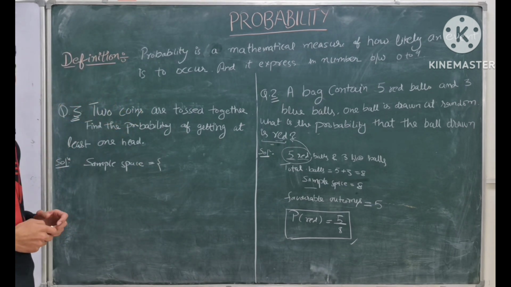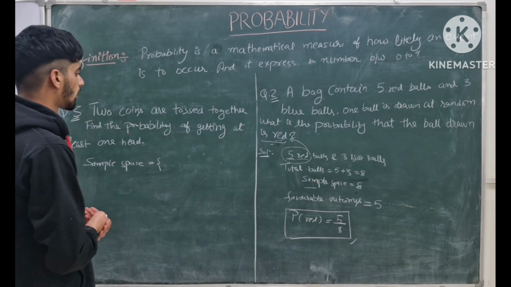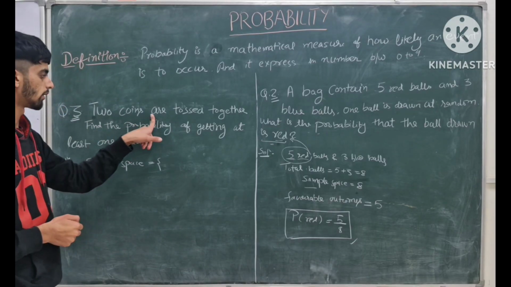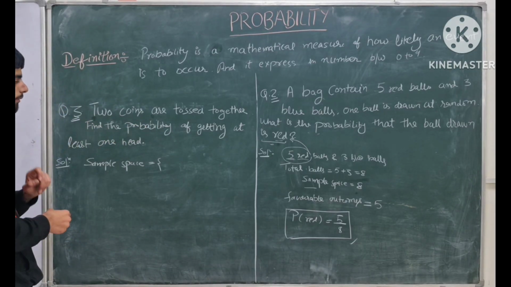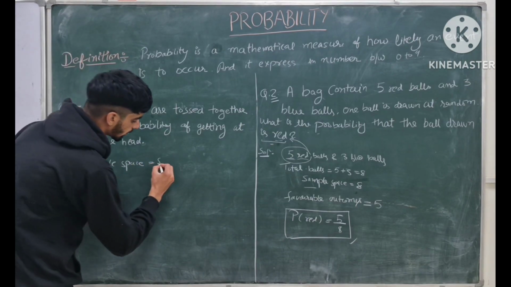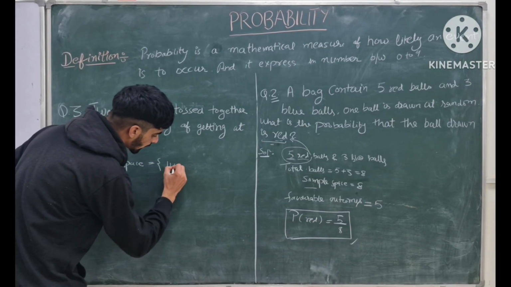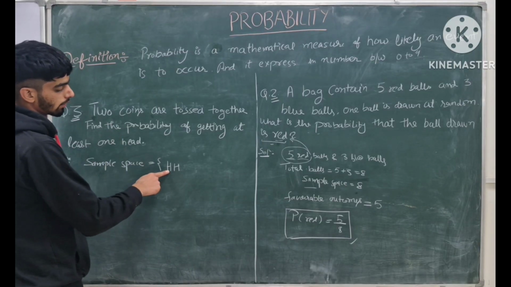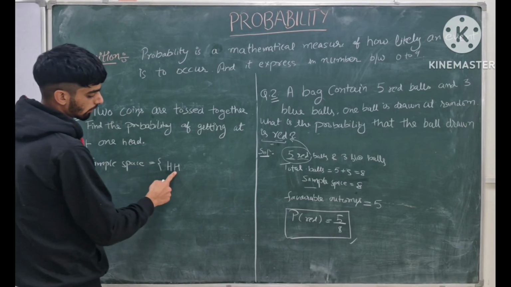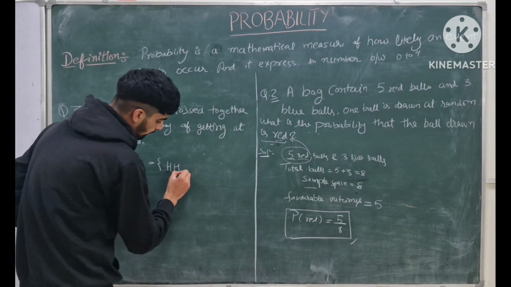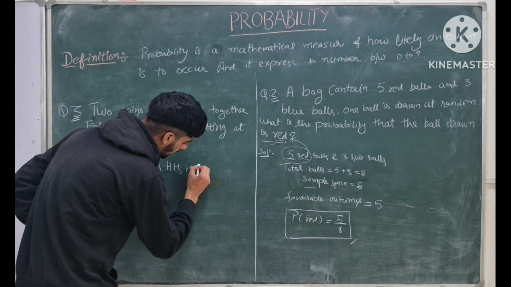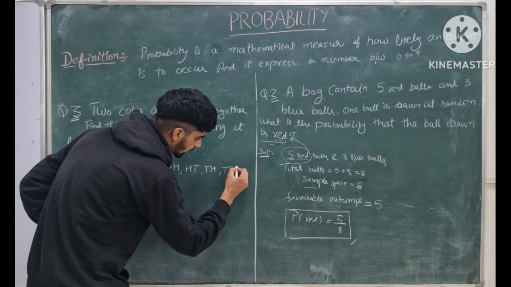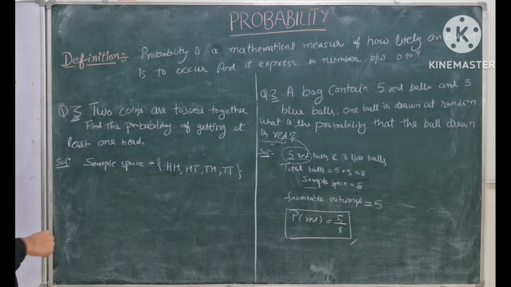Sample space means all the ways the event can occur. So 2 coins are tossed together. The sample space will be head-head, because one coin can show head and the second coin can also show head. Similarly, head-tail, tail-head, and tail-tail. This is our sample space.